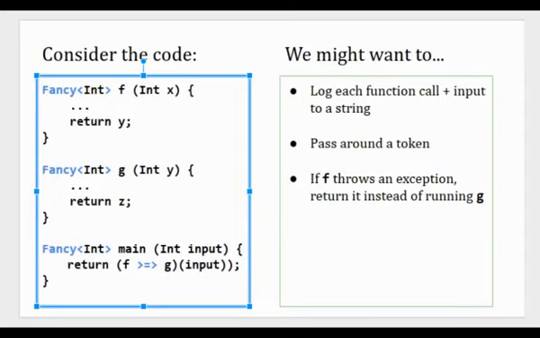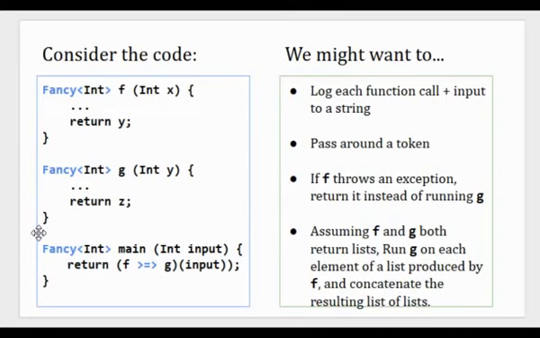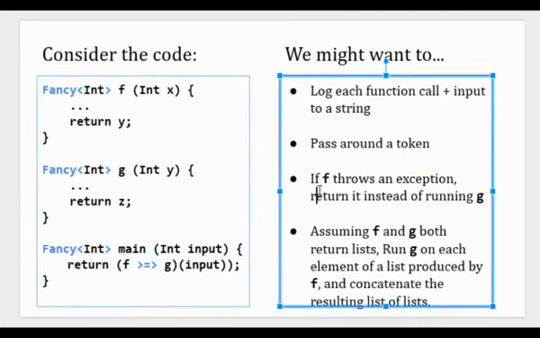And that means you're getting polymorphism in your choice of monad. So I know that's kind of a complicated idea that maybe you're not used to. But the idea here is that you don't need to pick which one of these things you want to do when you write this code. You can choose just when you pass in the value which thing happens.